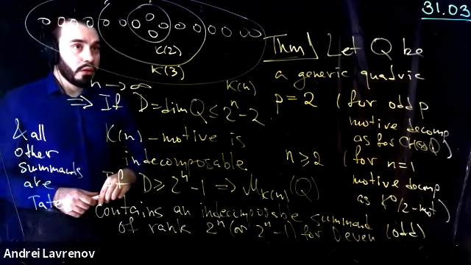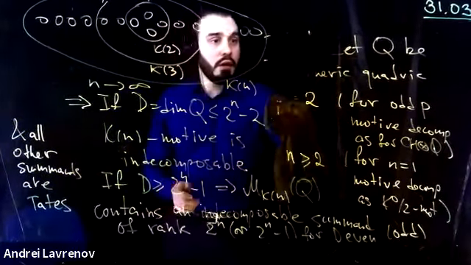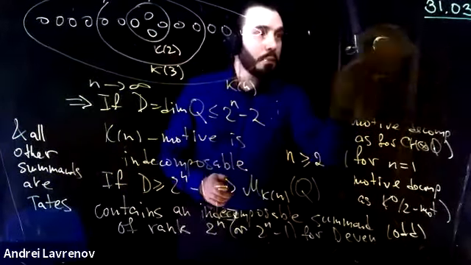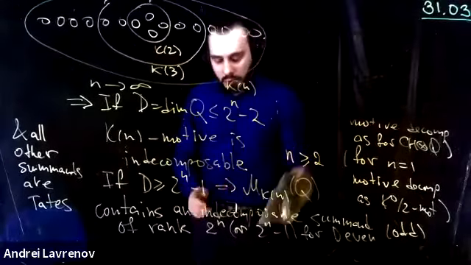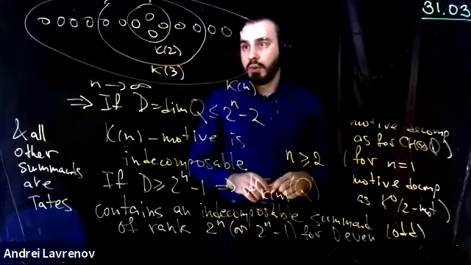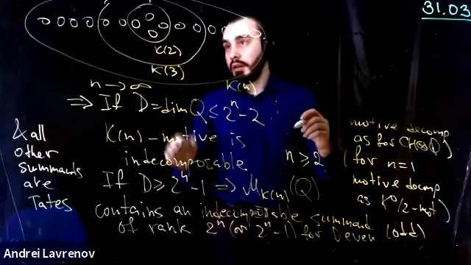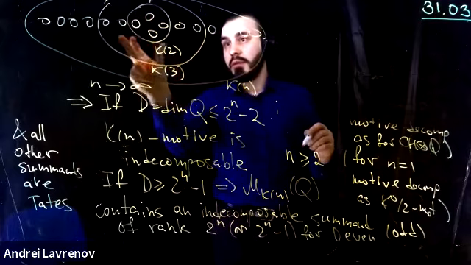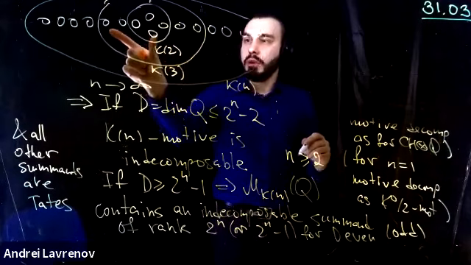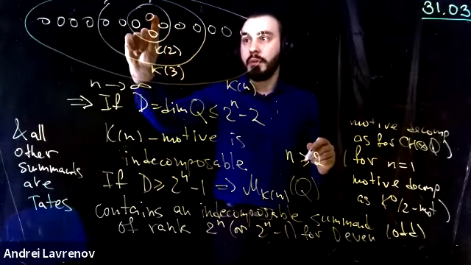So maybe another way to visualize that is that we have this part, which generally speaking is indecomposable, and it has exactly the same structure. So we don't have isomorphic Tate summands here, except these two.